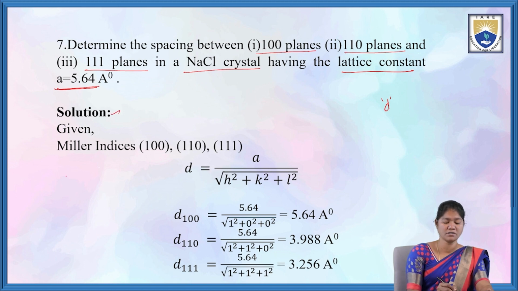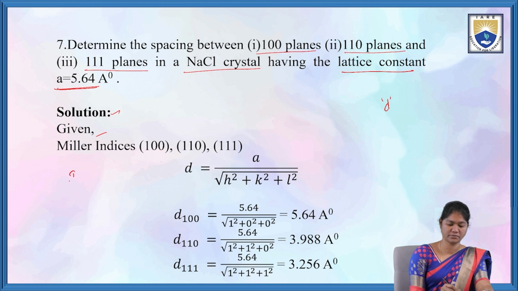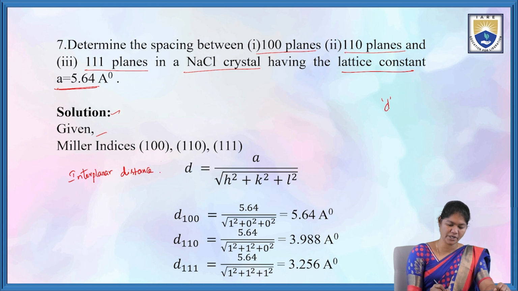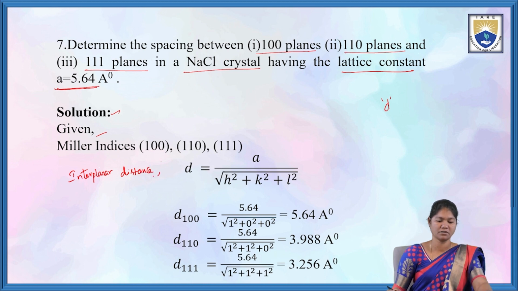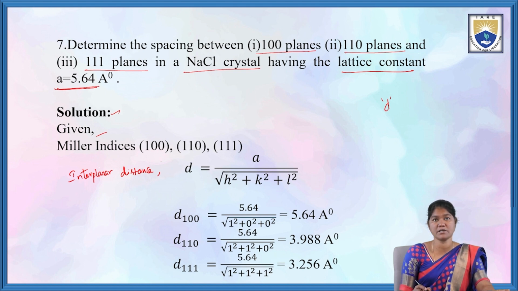So, solution. Let's write the given data. The Miller indices of the planes we need to find are 100, 110, and 111. Let's write the formula for the interplanar distance, or the spacing between successive planes. d is equal to a by root of h square plus k square plus l square.